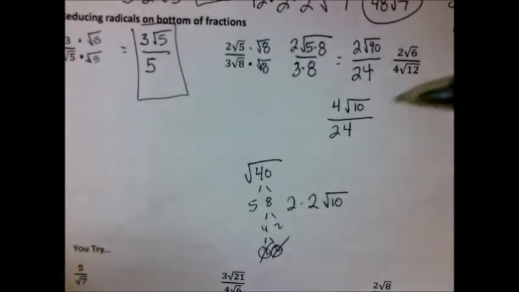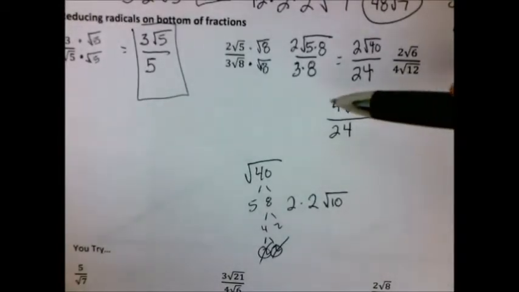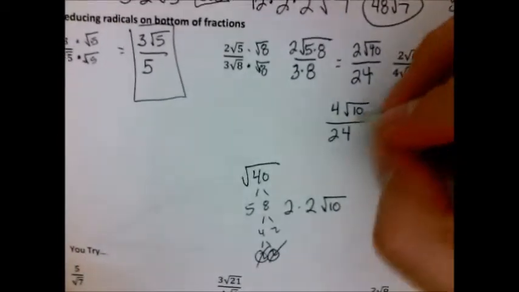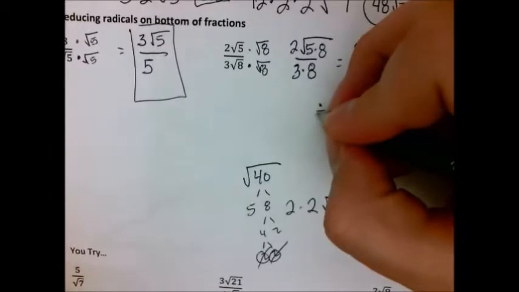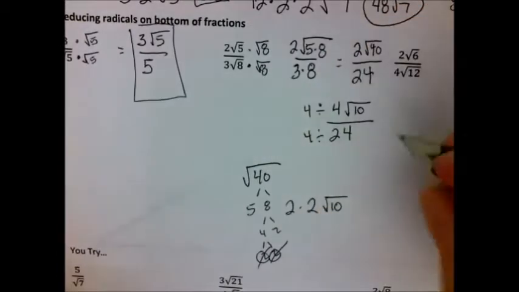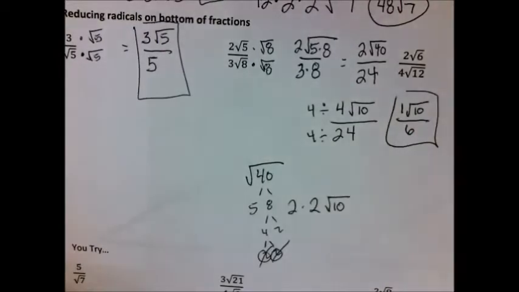Now we also have to reduce these two numbers. So 4 and 24, you can divide both of those by 4. If we divide both the top and the bottom by 4, you should get 1 square root 10 over 6. That would be our final answer.